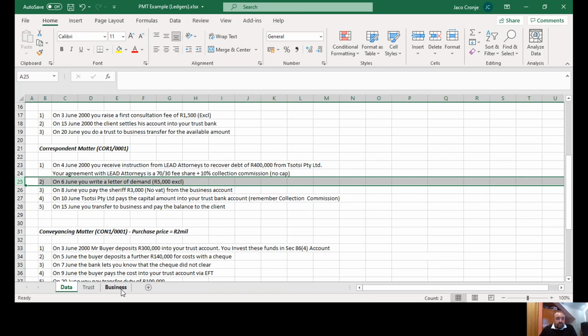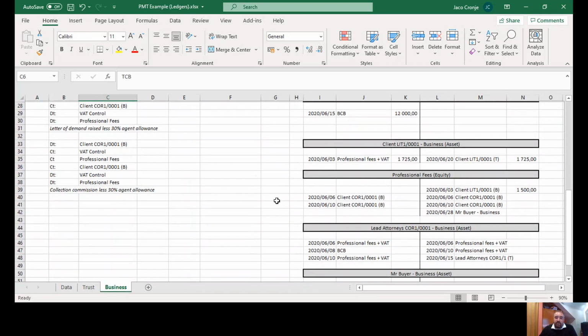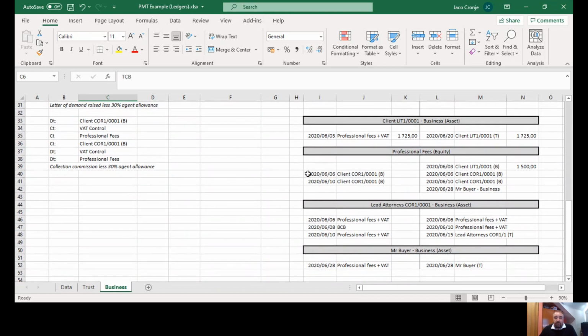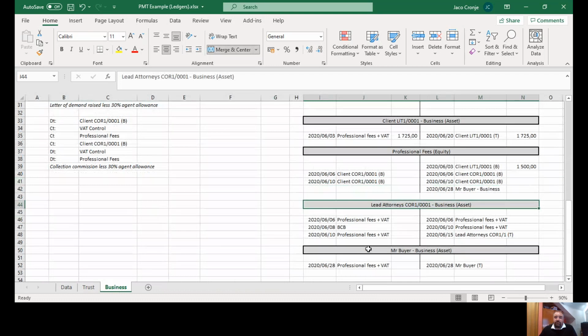So let's go to business, and I'm going to run the little cheat method again, and hopefully this time remember to go back and do my journal. So we open up lead attorneys at COR11, and this is their business ledger. I said the fee is 5,000 Rand exclusive of VAT.